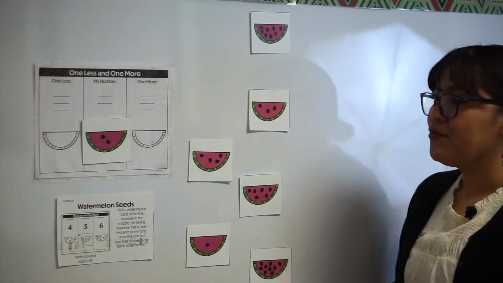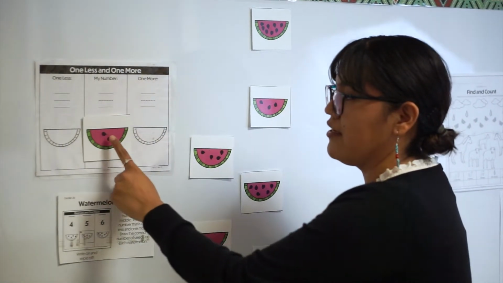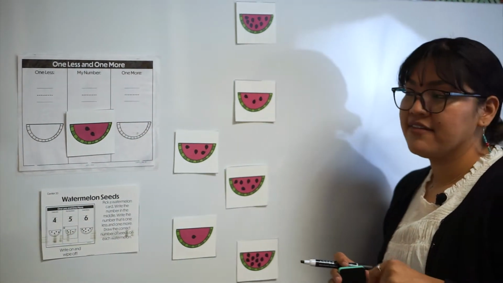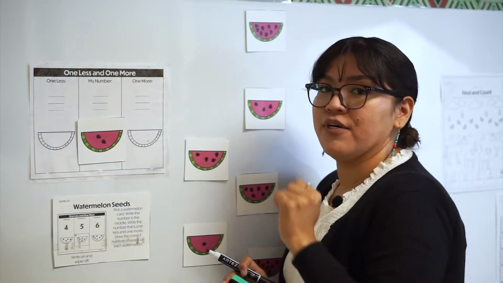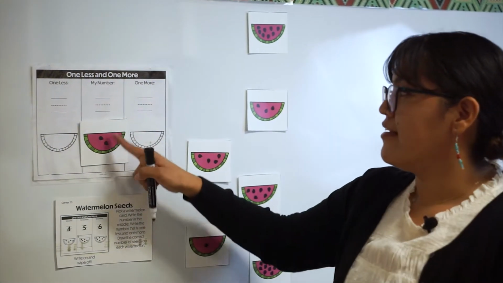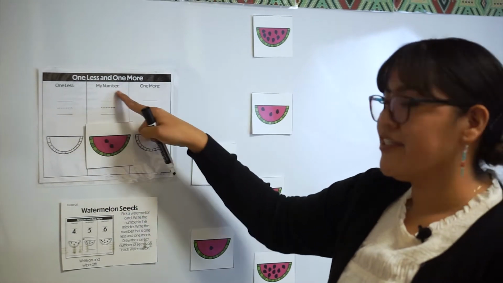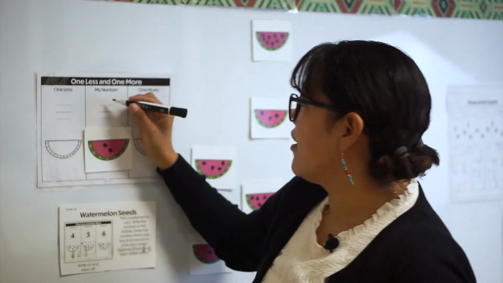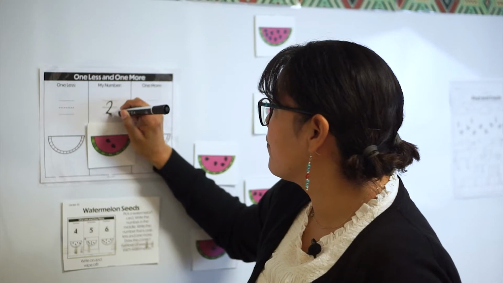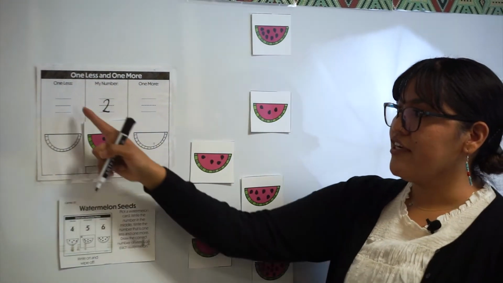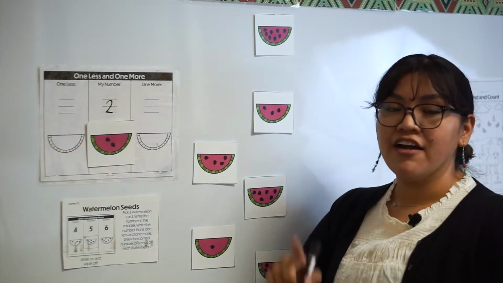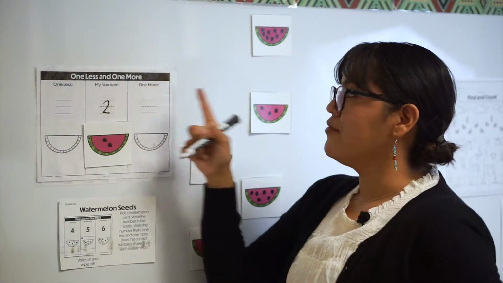Okay, how many watermelon seeds do you see on this watermelon? Let's count them. There are 1, 2. So we're going to write the number 2 under where it says my number. Then we're going to look over here like we did on our math meeting board, 1 less and 1 more.